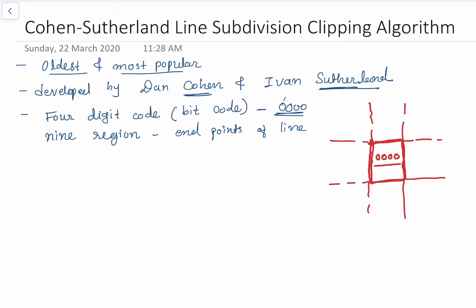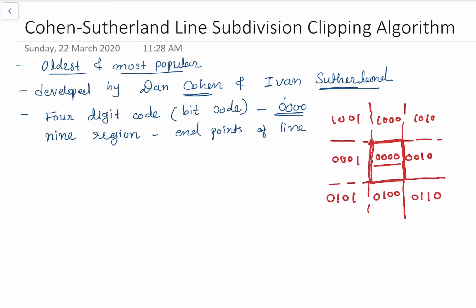Second is 0001, that is the left; right is 0010, then top 1000, then bottom 0100, then the corners 1001, 1010, similarly 0101 and 0110.